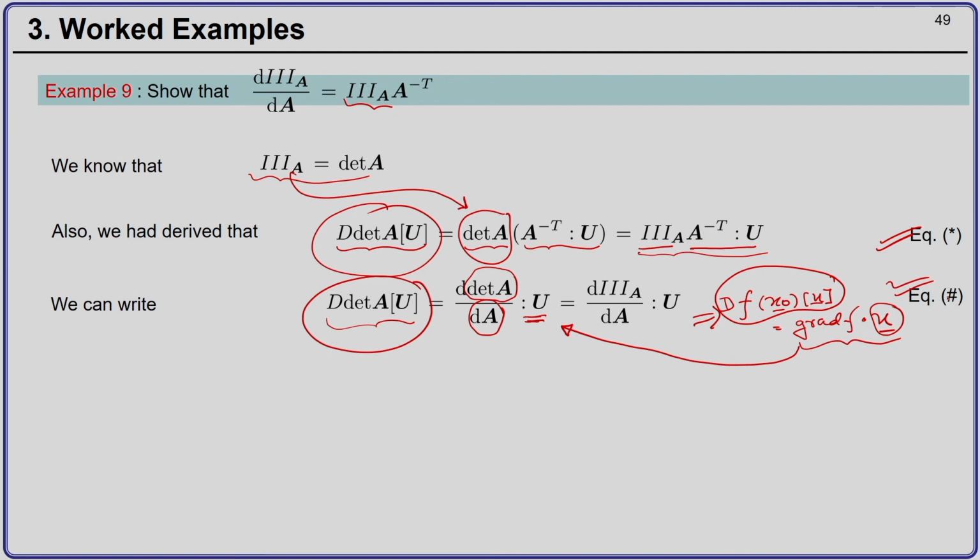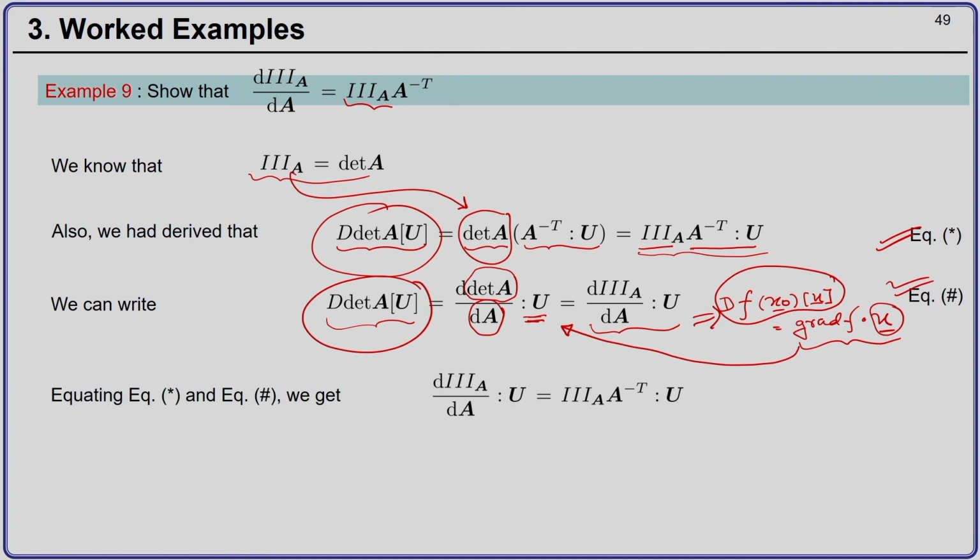and from equation prime, we have this as the derivative of the determinant of A with respect to the tensor A double contracted with u, and remember u here is an arbitrary vector.